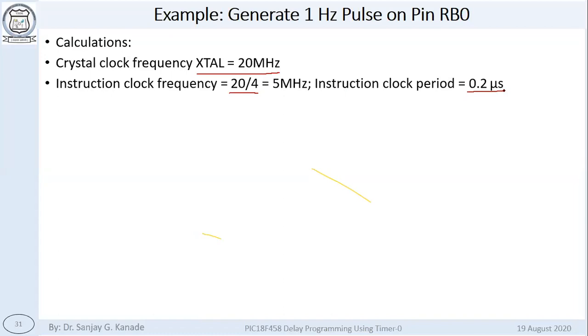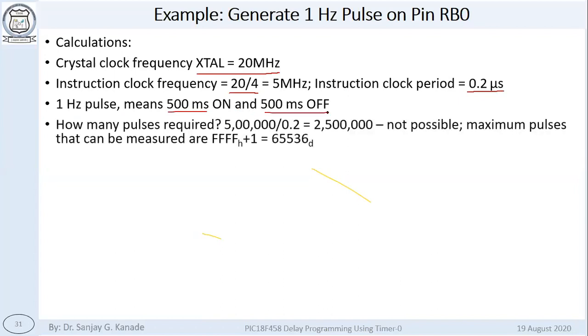However, how much delay do we want? We want a 1 hertz pulse, means 500 milliseconds on and 500 milliseconds off. Means how many pulses of 0.2 microsecond duration? That is 5 lakhs divided by 0.2, which is equal to 25 lakhs pulses that will be required to be measured.